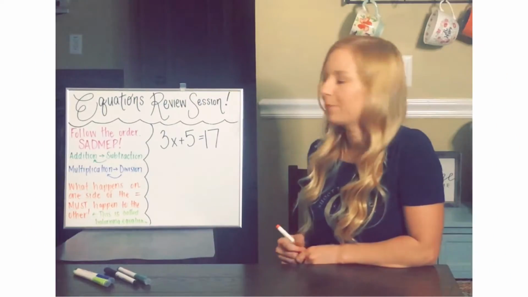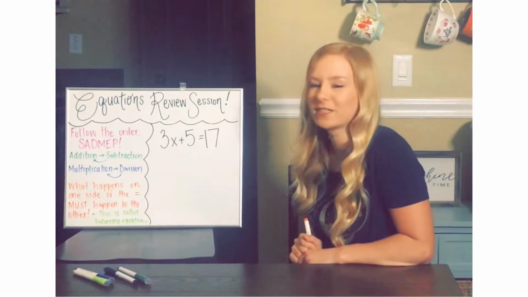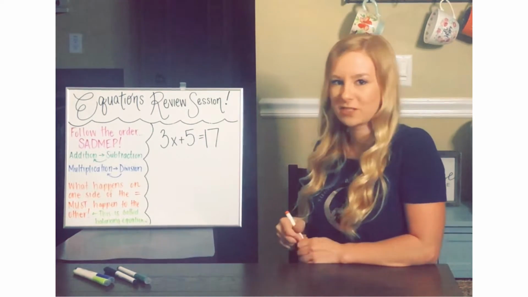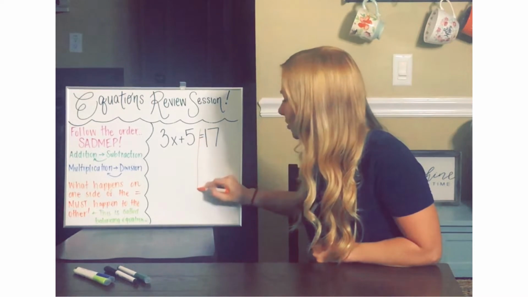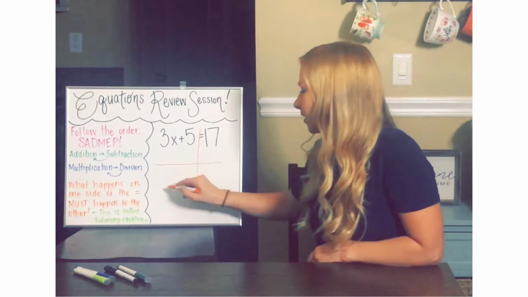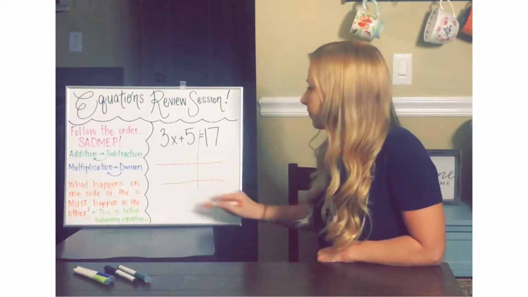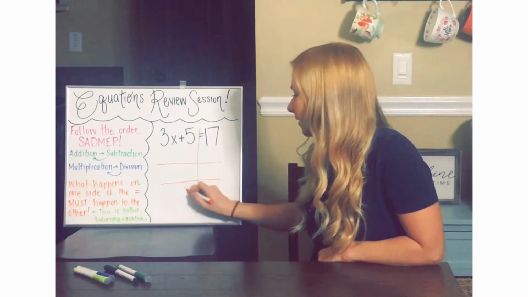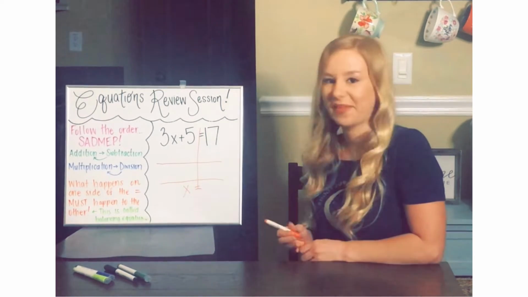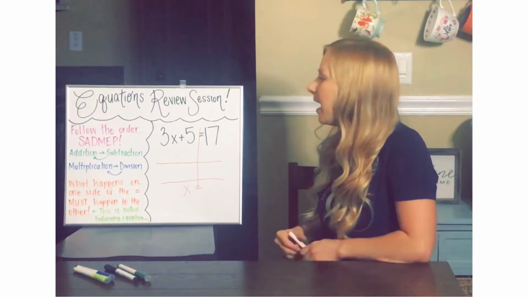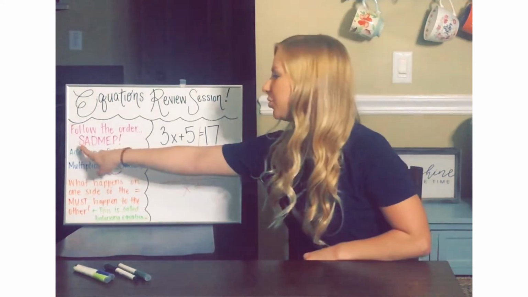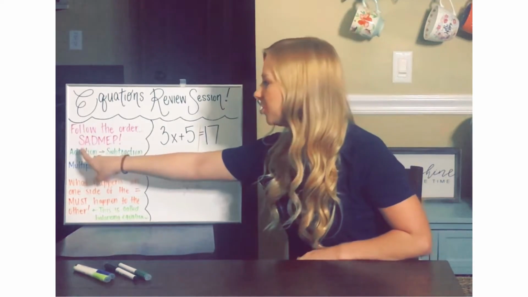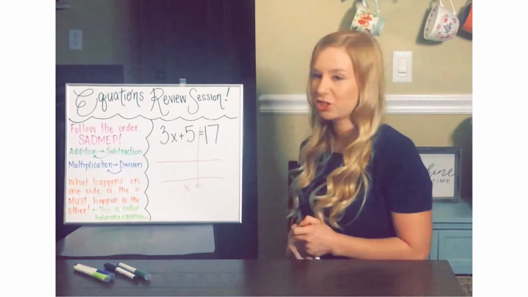For our third example, we have two numbers that we need to get away from our variable to figure out what x equals. That means this problem is a two-step equation. So I'm going to go ahead and set up my organizer. I'll know at the end I'm going to end up with x equals something. All right, as we said before, we don't follow PEMDAS anymore. Now we do SADMEEP. So we will undo our subtraction or addition first.